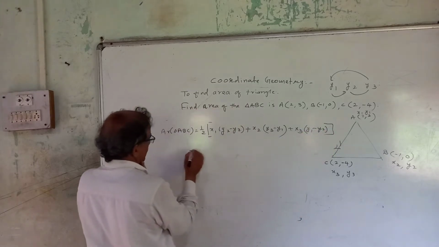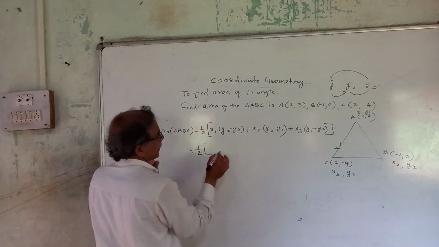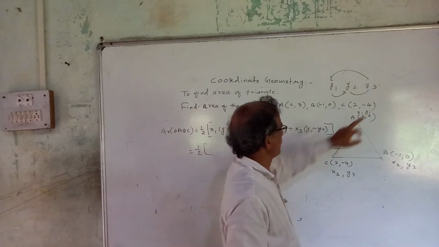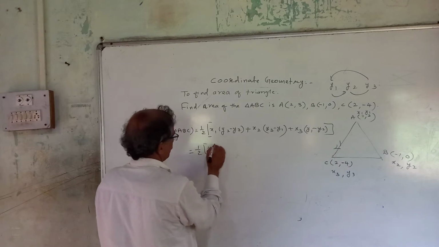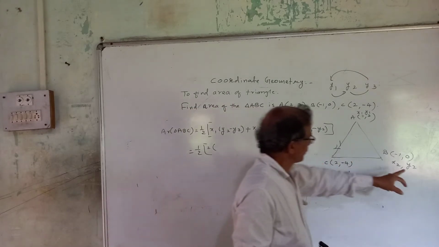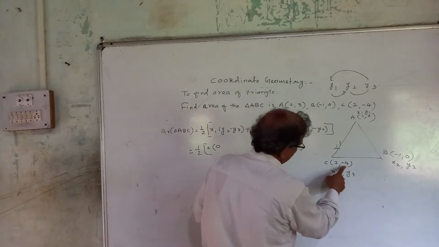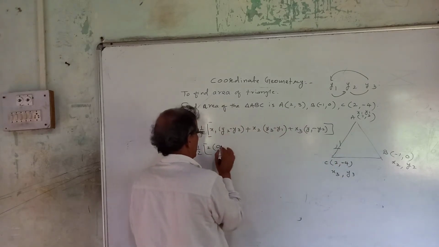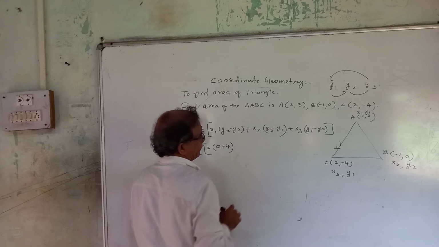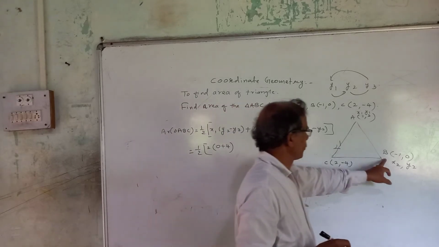Now let us go for substitution. Half. So x1 is 2 into y2 minus y3. So y2 is 0 and y3 is already minus 4. So minus y3 means it will be plus.